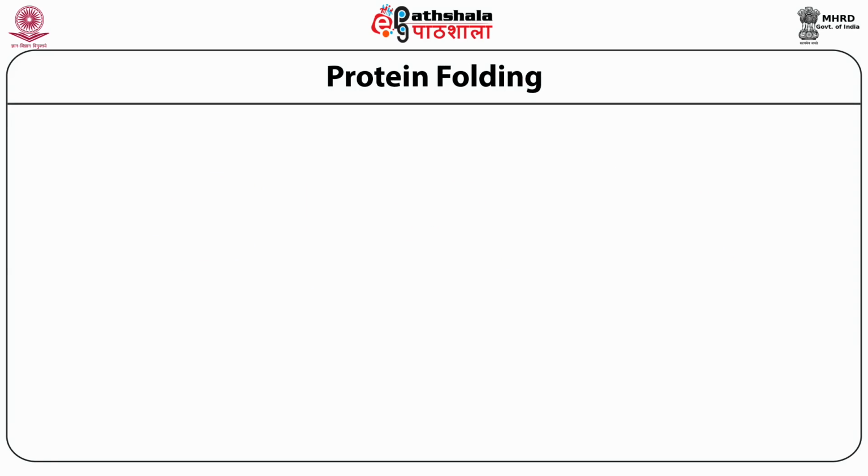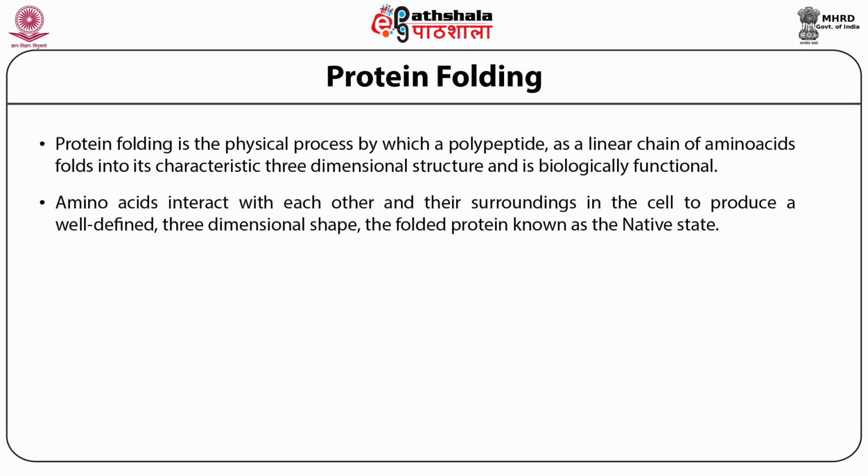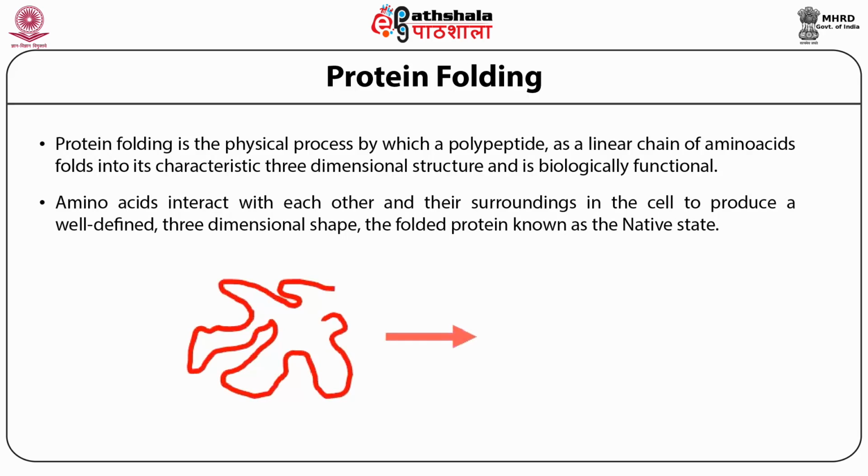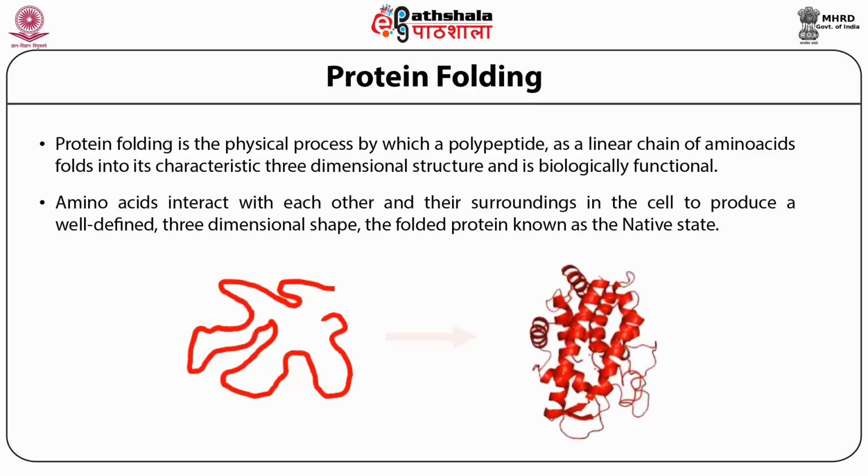Protein folding. When we talk about protein structures, it becomes important and pertinent to understand the concept of protein folding. Protein folding is the physical process by which a polypeptide, which is otherwise a linear chain of amino acids, folds into a very characteristic three-dimensional structure that has a biological relevance.